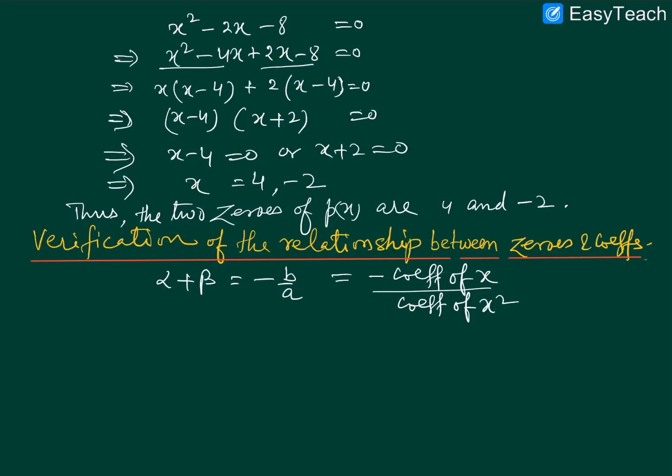Here alpha is 4 and beta is minus 2. So, we have 4 plus (minus 2) is equal to minus (minus 2) by 1. Left hand side becomes equal to right hand side. So, this relationship is verified.